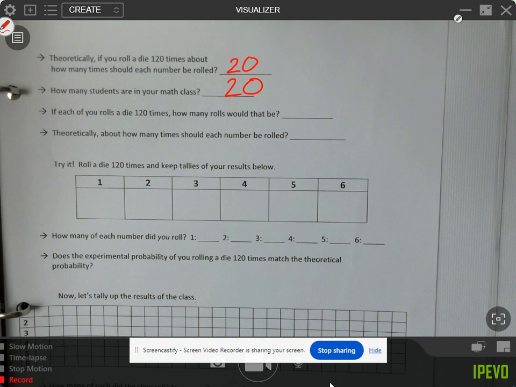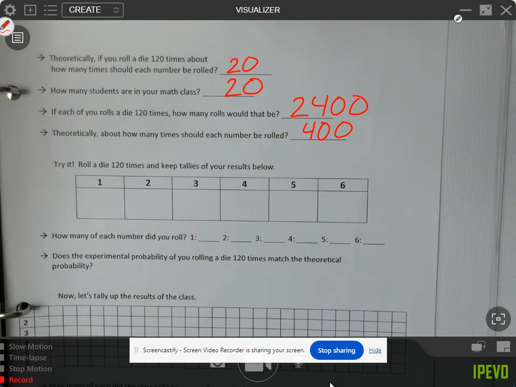If we roll 120 times 20, we're going to have 2,400 rolls. And then theoretically, each number should be rolled 400 times. That's close to what we put yesterday, right?